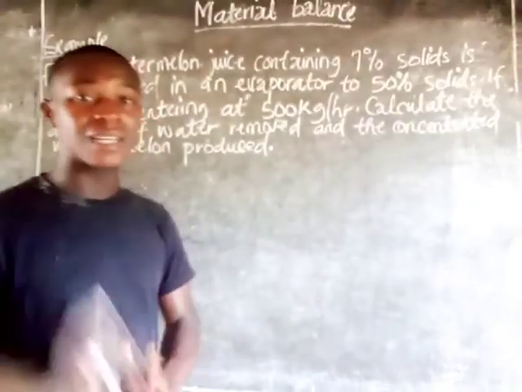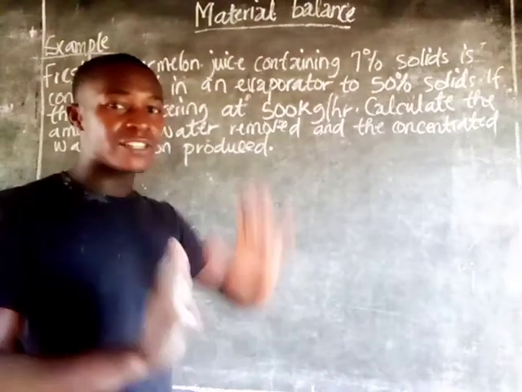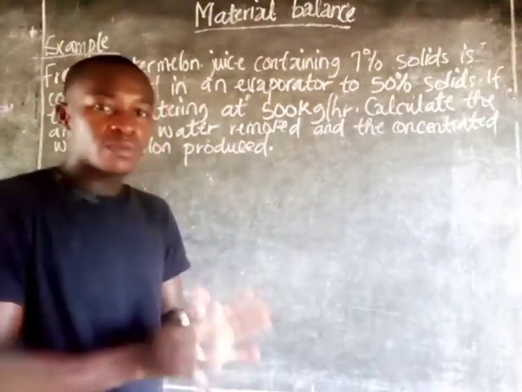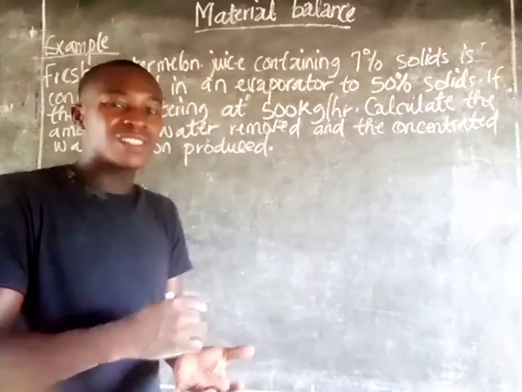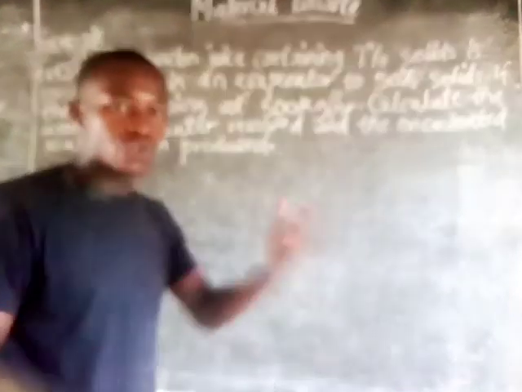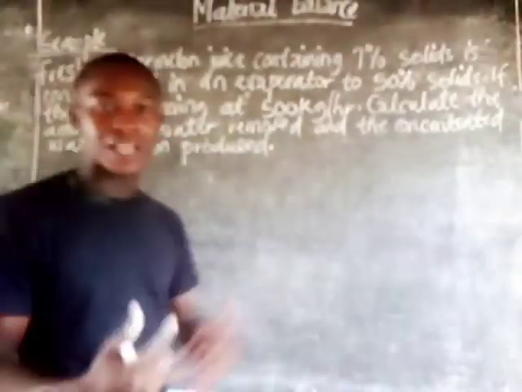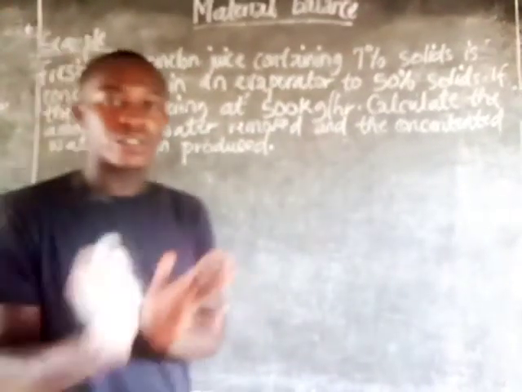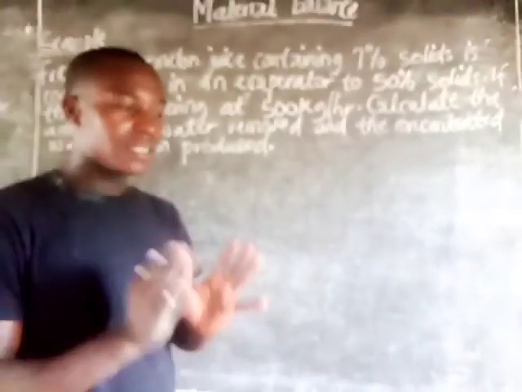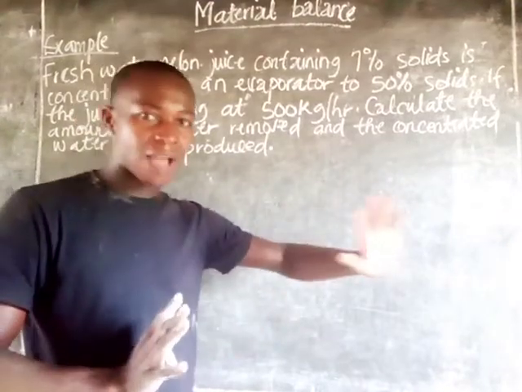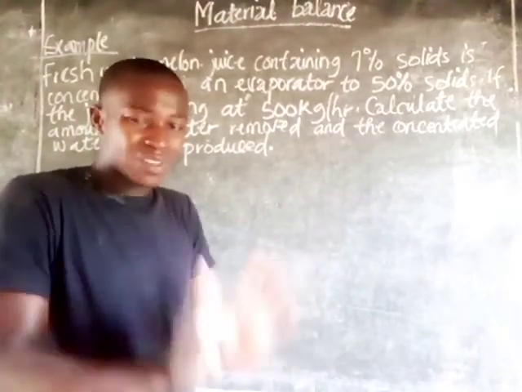Initially the question says that it contains 7% solid, and now when it was put in an evaporator, it was concentrated towards 50% solid. Now if it's concentrated, that means that it lost water for it to be concentrated.